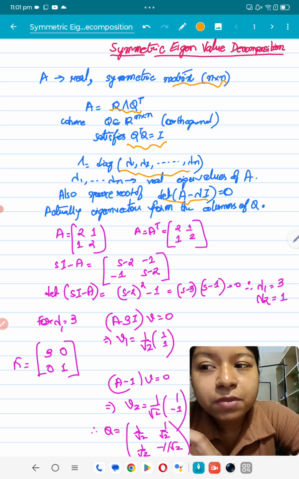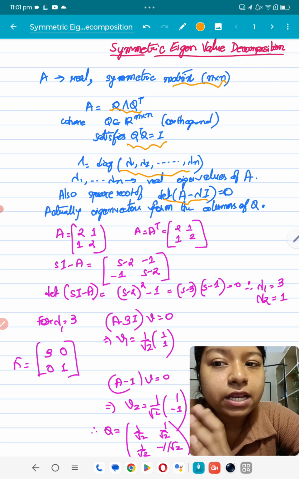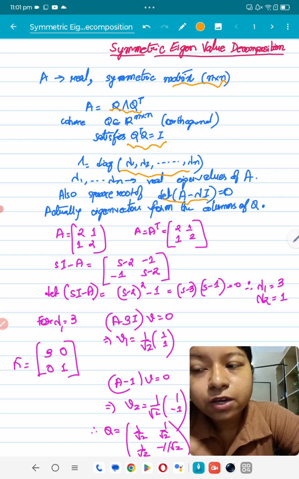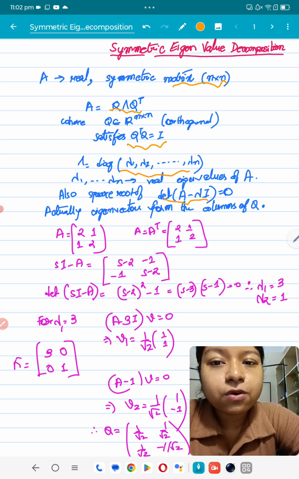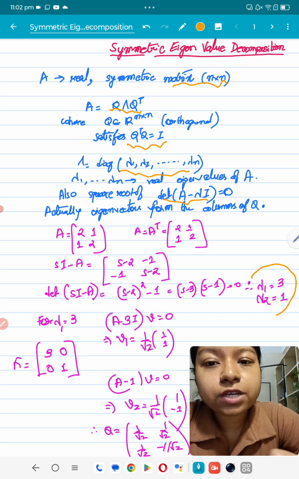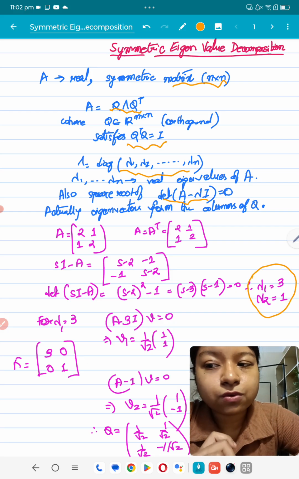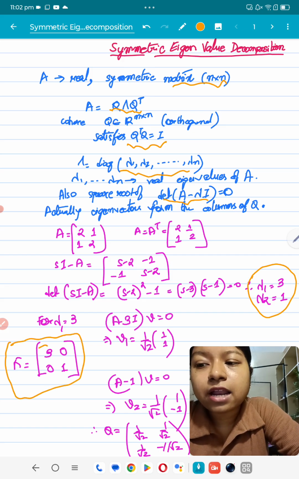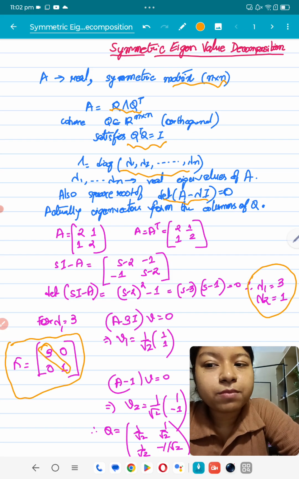If we take the determinant of sI minus A, we get the equation (s-3)(s-1). Equating that to 0, we get our two eigenvalues, lambda equal to 3 and lambda equal to 1. So our lambda matrix has 3 and 1 on its diagonal. We got our lambda matrix.